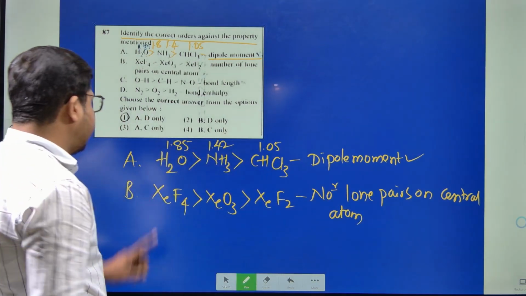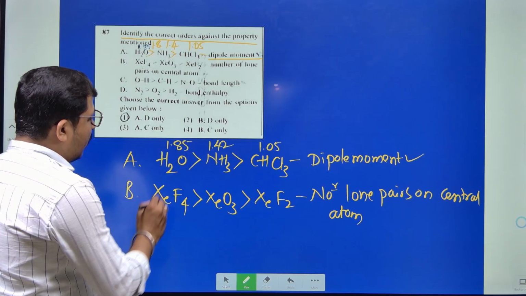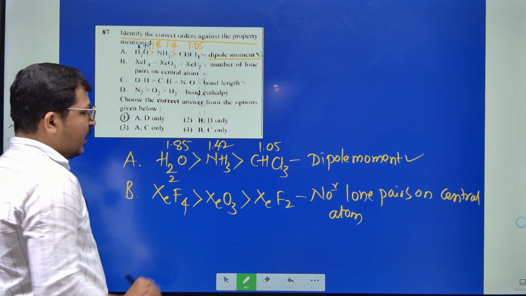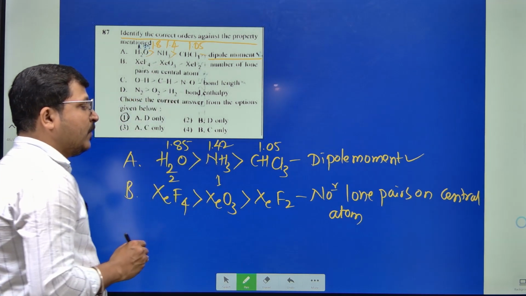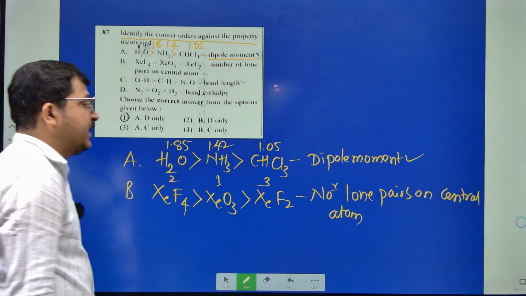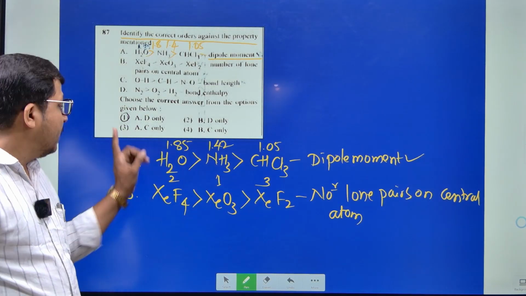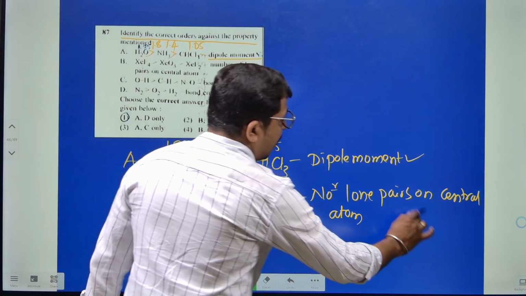Look here: XeF4 has 2 lone pairs on its head, XeO3 has 1 lone pair, and XeF2 has 3 lone pairs. So this is not following an increasing or decreasing order. Hence, option 2 is wrong.